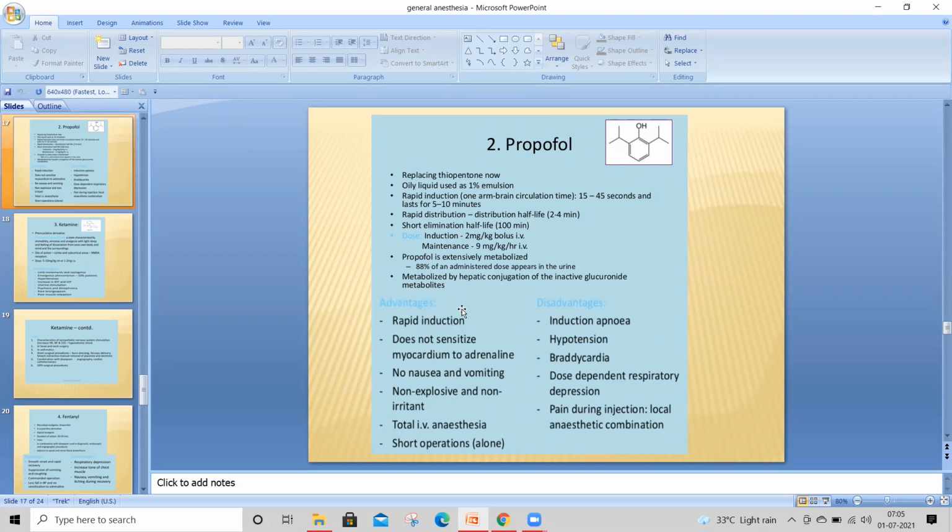You see, in advantage, it produces rapid induction, does not sensitize myocardium to adrenaline. Again, it does not cause any nausea, vomiting, and this propofol is non-explosive and non-irritant. And some disadvantages also there. It induces apnea. It may cause hypotension, bradycardia, all this. So advantage is there along with disadvantage also there.